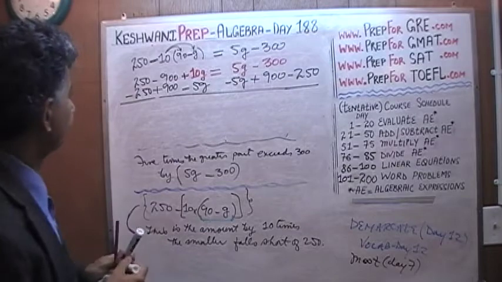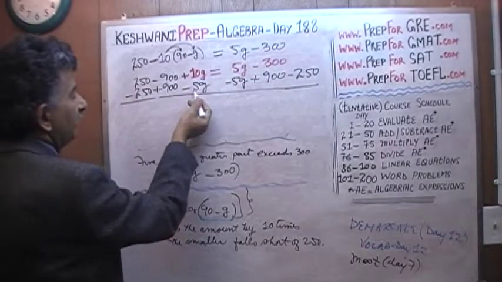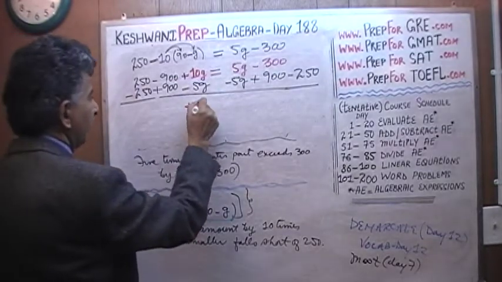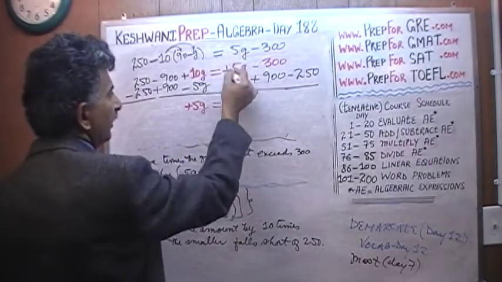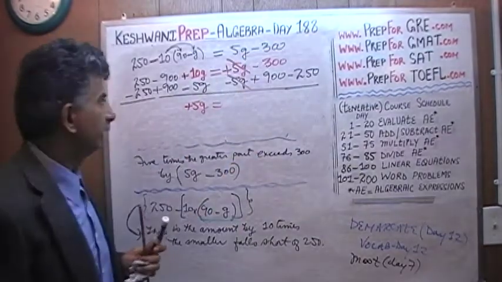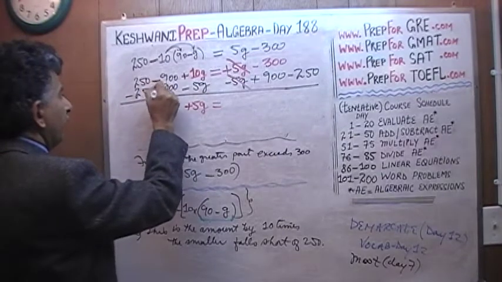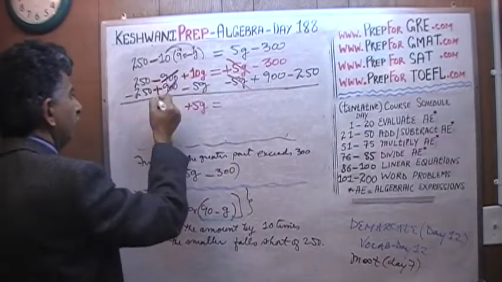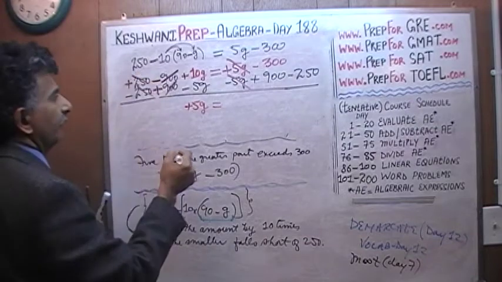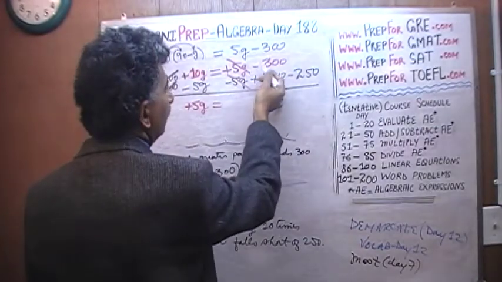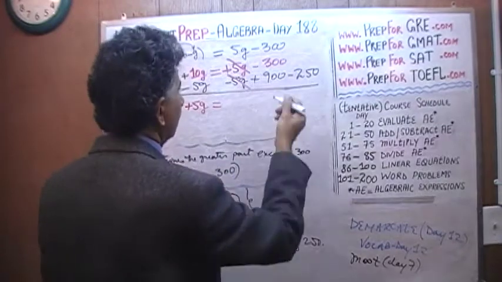Okay, here we go. Positive 10g minus 5g gives us positive 5g. And this positive 5g and a negative 5g cancel out, which was the whole point. Negative 900 and positive 900 cancel out. Positive 250 and negative 250 cancel out. Here we end up with negative 300 and a positive 900.